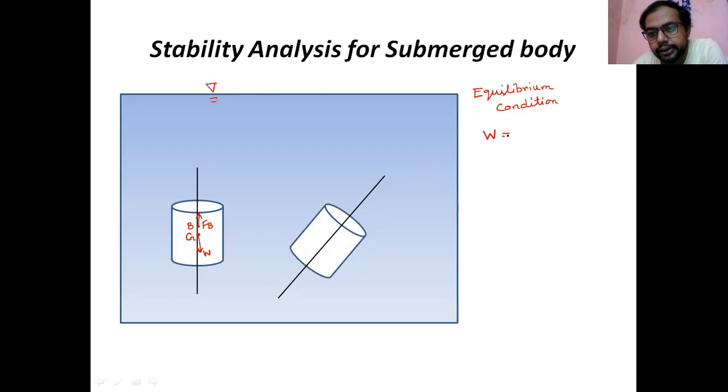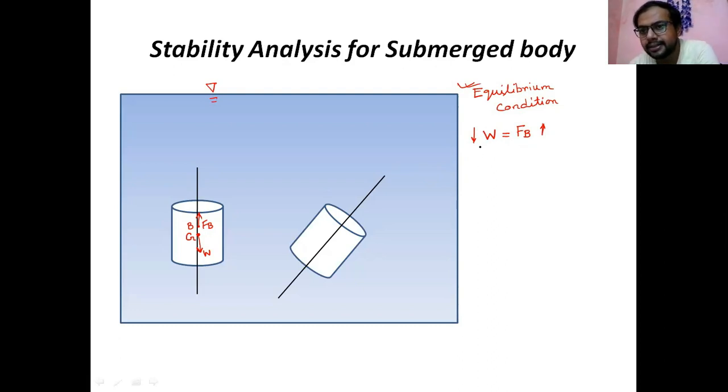So W should be equal to FB. Then only will the body be in equilibrium. Weight is acting downwards and FB is acting upwards, so they nullify each other. Then the body will be in equilibrium in the submerged condition. That is the net force balance we have made.